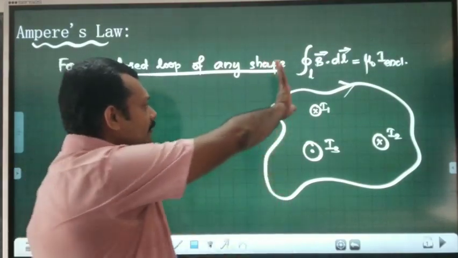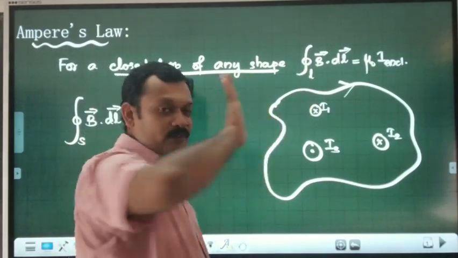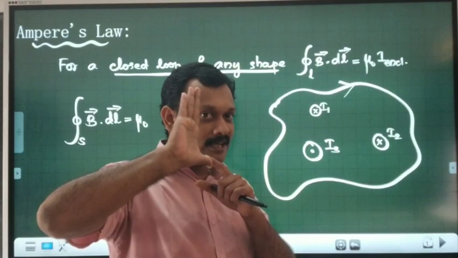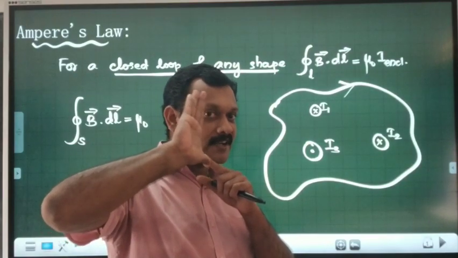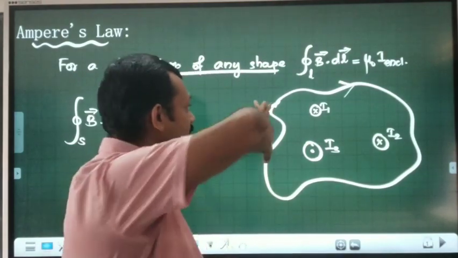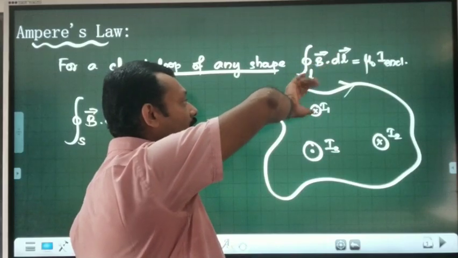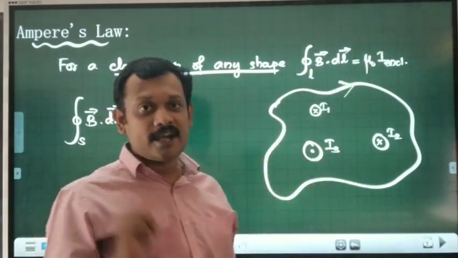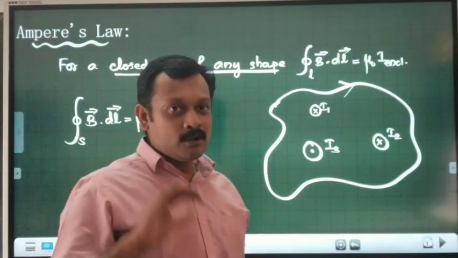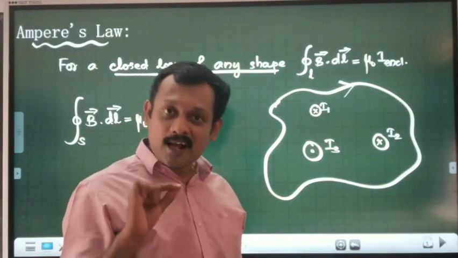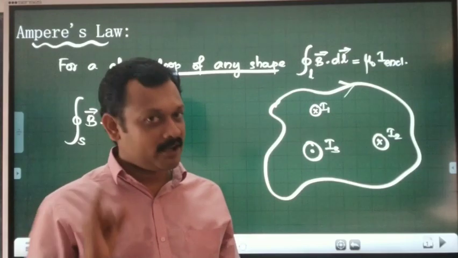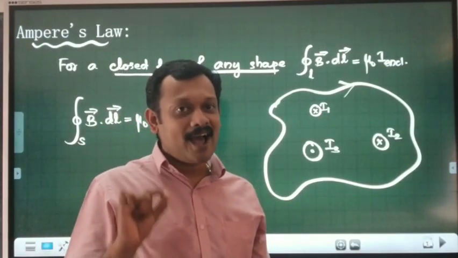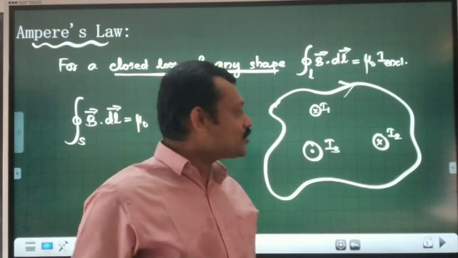Now, as we have seen with the current element, the thumb represents the direction of current, and the curved fingers represent the direction of magnetic field. We will take magnetic field produced by currents along the direction of the loop as positive.